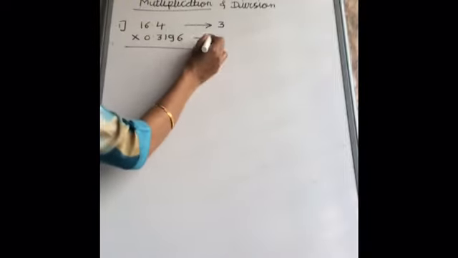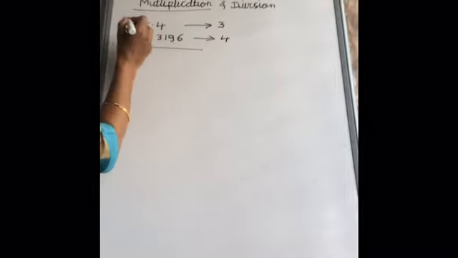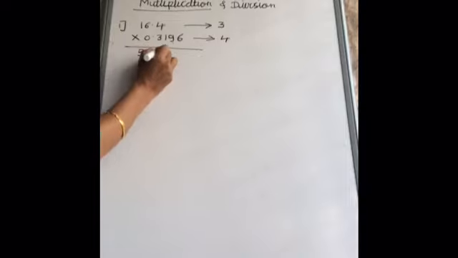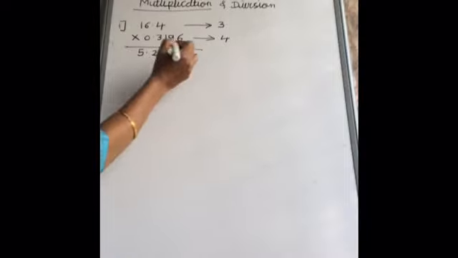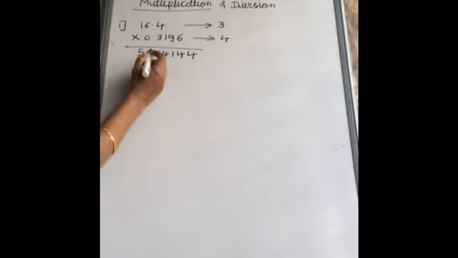The second has 4 significant figures, 1, 2, 3 and 4. When we multiply, our product is 5.24144. Now how many significant figures should be present in this result?